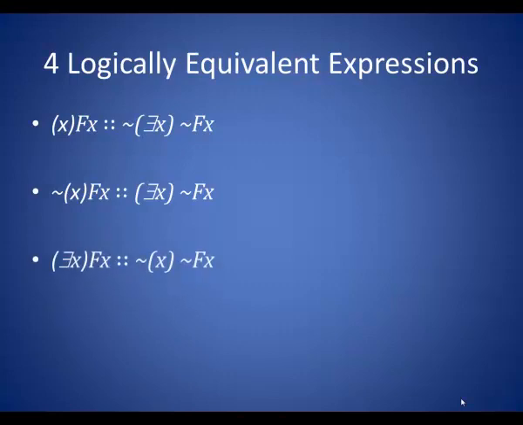My third one says there exists an x such that x is f is logically equivalent to it is not the case for all x that x is not f. And last but not least, my fourth one says it is not the case that there exists an x such that x is f is logically equivalent to the claim for all x, x is not f.